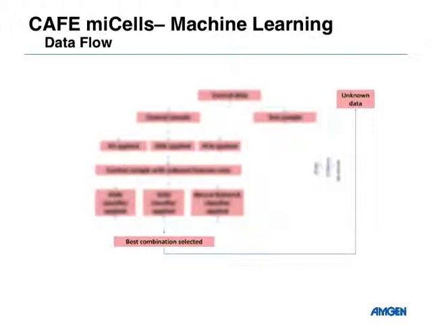Then it reduces those factors, and says, using those particular factors, which method of splitting can I use? In this case, it's k-nearest neighbors, support vector machines, or neural networks: which of these machine learning techniques gives me the best answer based on those controls?